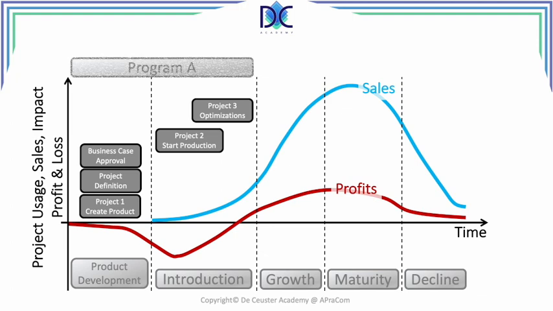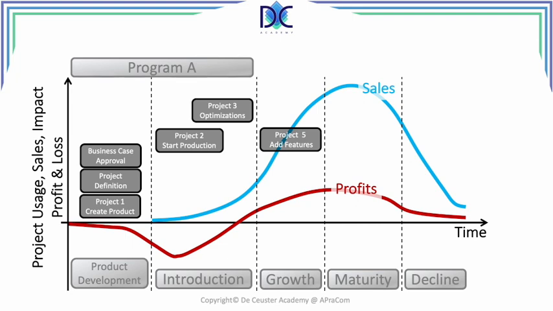Now, this is basically one program that we can consider. The program is to bring the product from definition to introduction so that it's on the market, to market the product that we're developing. Once we are in growth, we have different projects. We can add features. We may have a product which has, let's say, a limited number of features, but once the product is in the growth phase, we see that we can add features.